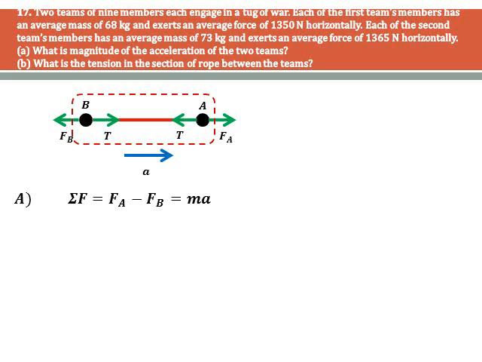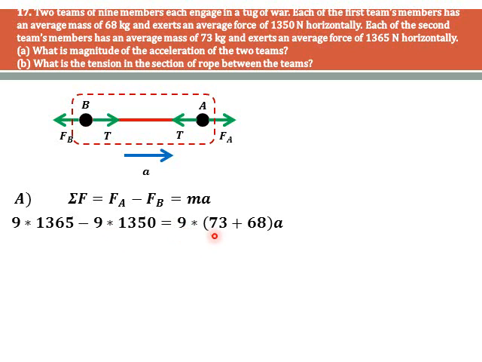So we got the force that the first team is pulling to the left, and then the second team pulling to the right. So the net force is going to be equal to the force from team A minus the force from team B, and that's going to be equal to mass times acceleration. Well, each member is pulling with 1365 from team A times 9, and then each member from team B is 1350, multiplied times 9, so each person pulls with that amount, so we multiply by the number of people on each team.